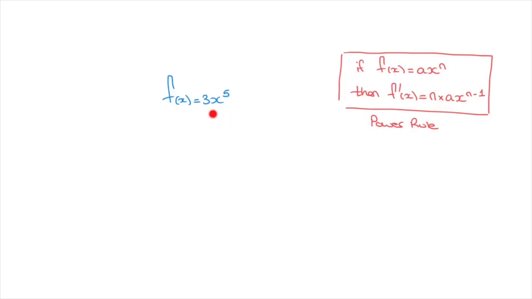Comparing our function here, 3x to the power of 5, to the generic function a times x to the power of n, we can see that a is equal to 3 and n is equal to 5.